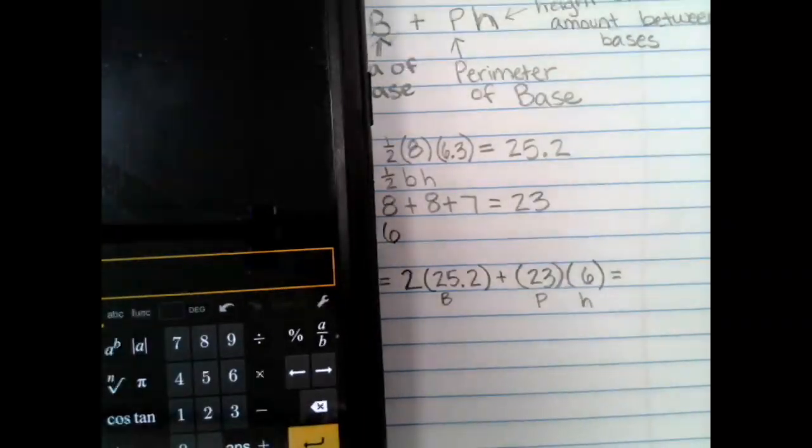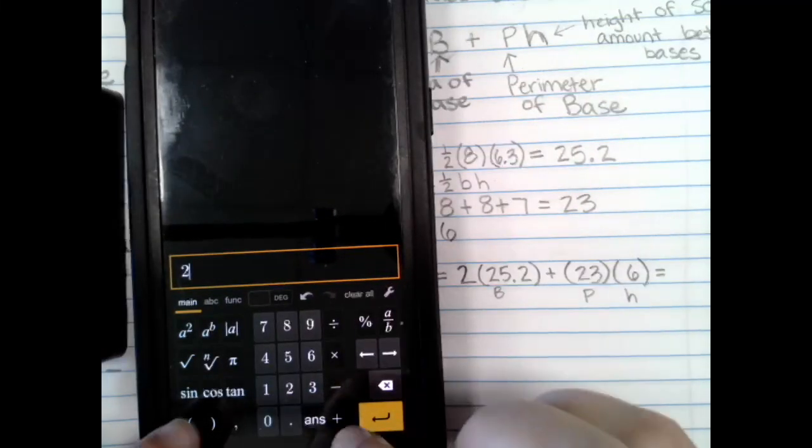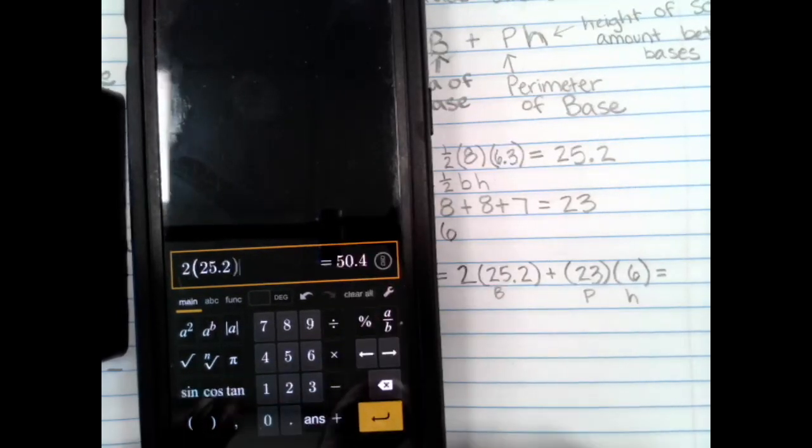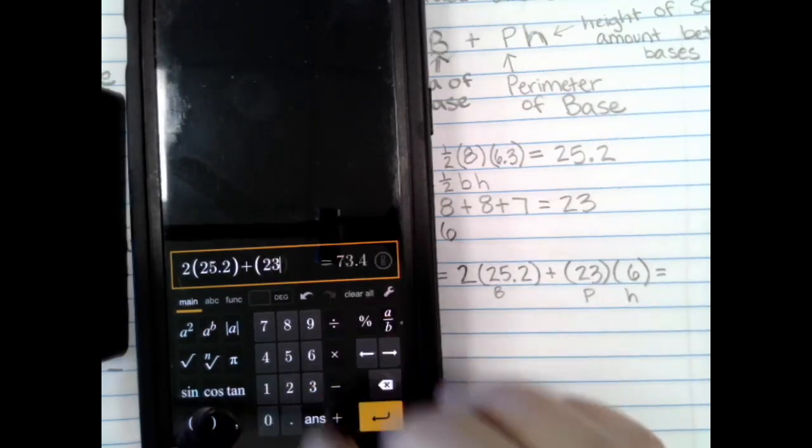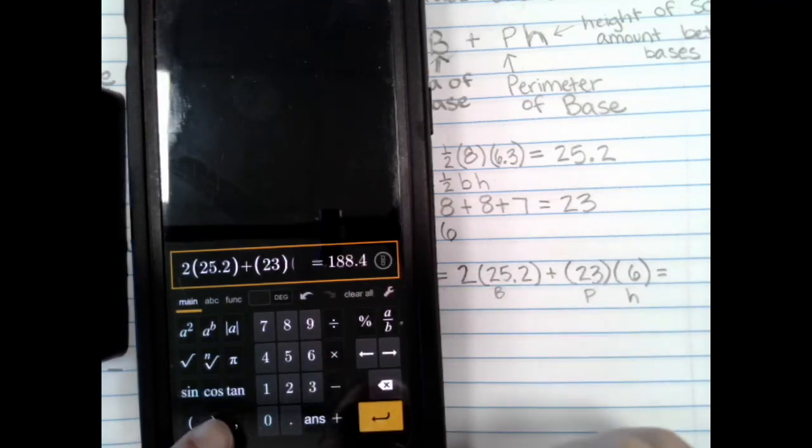Okay, so as we put that into Desmos, we have 2 times 25.2 plus 23 times 6.